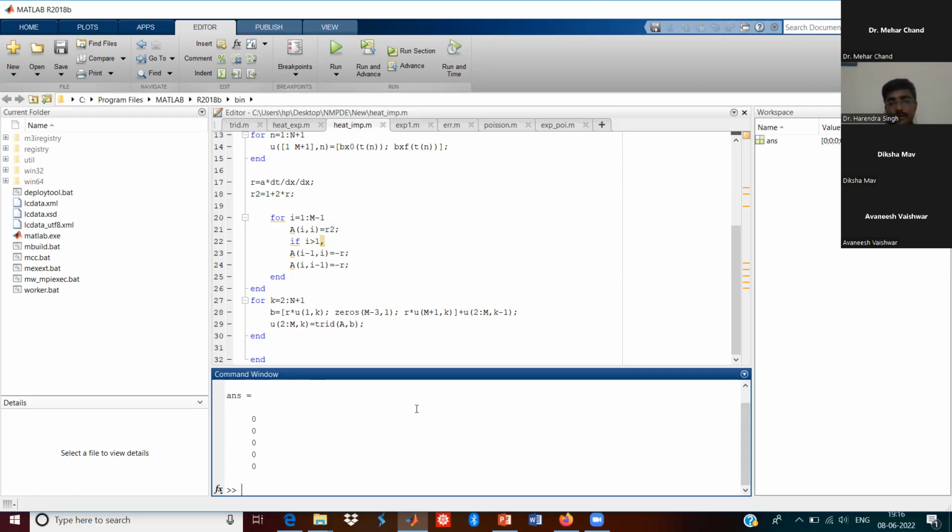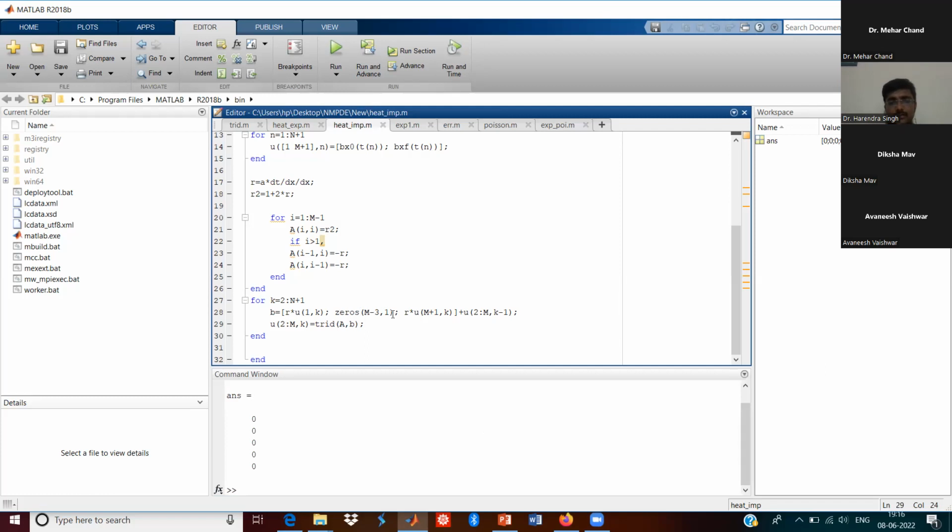So if you remember the tridiagonal system, zeros will be (m-3,1), and the first entry is the boundary condition U1k, and UM plus 1k means the last entry. Here you can see that this is written in one bracket with semicolons, so these entries form a column: the first entry of the column, the remaining entries 0, and again a semicolon, and the last entry will be UM plus 1k.